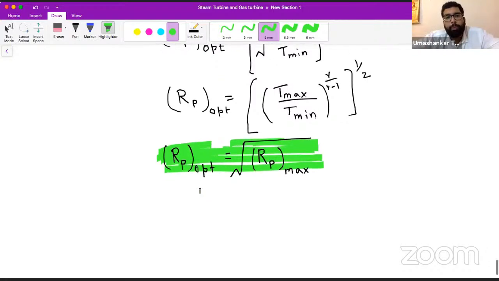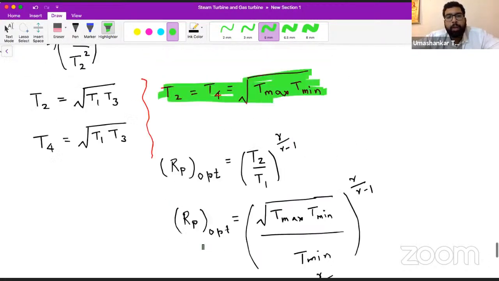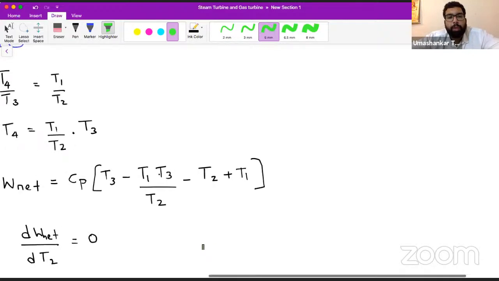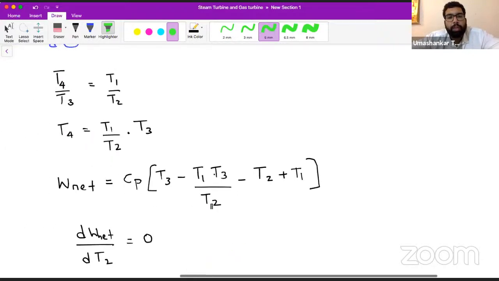So this play of pressure ratio is clear to you. And to find what maximum work done we are going to get, you can replace the value of T2 in this equation, and you will have your answer.